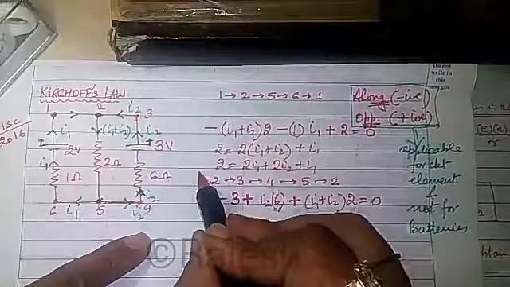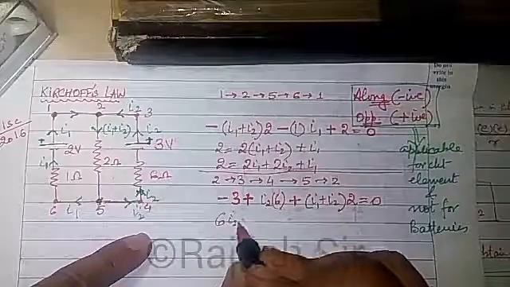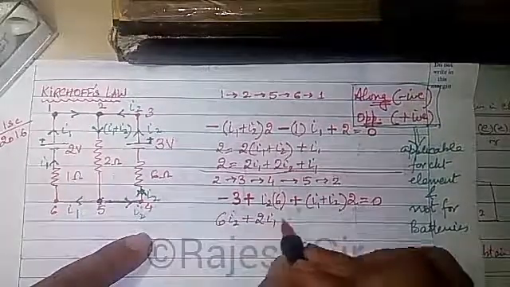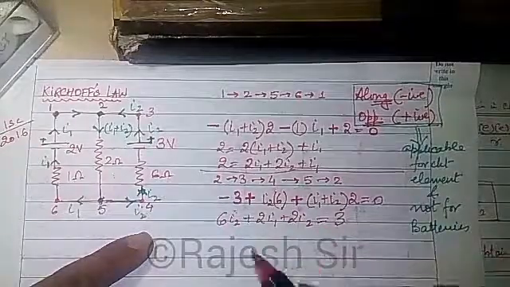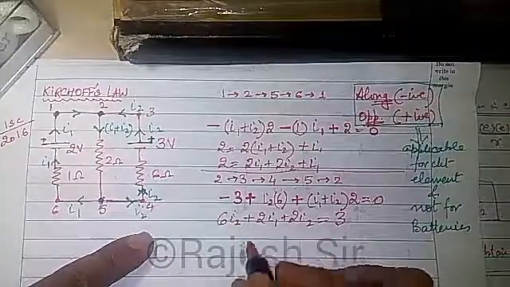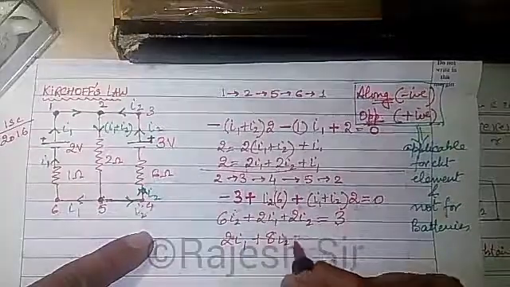And similarly, when I simplify this, it will become 6i2 plus 2i1 plus 2i2, and transferring 3 to the other side, 2i1 plus 8i2 is equals to 3.